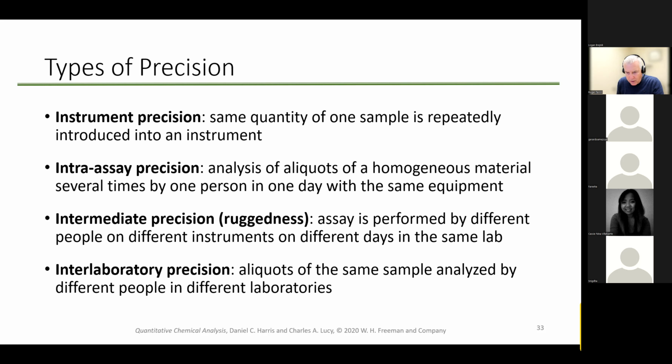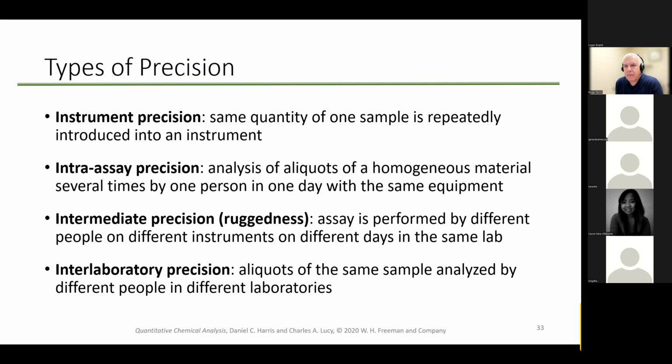Or it could be different specimens of the same material. So you measure it in the morning, you measure it in the afternoon. If you get the same answer, that's good intra-assay. So intra meaning inside the same assay. The assay meaning the analyst and the instrument and things like that.